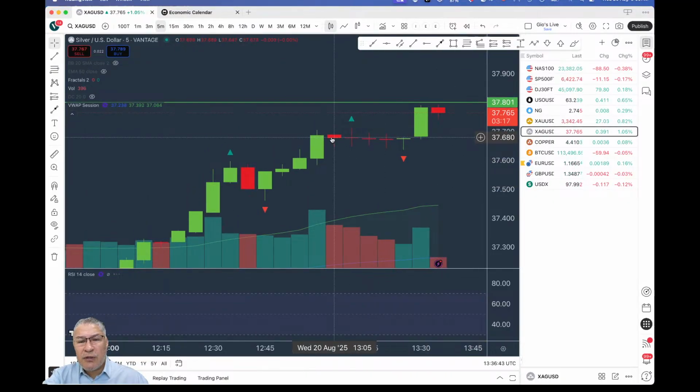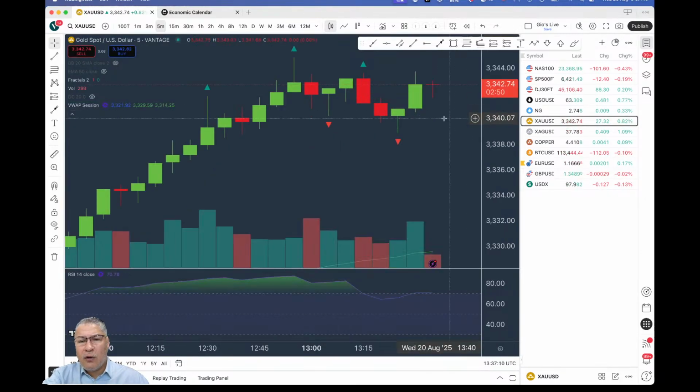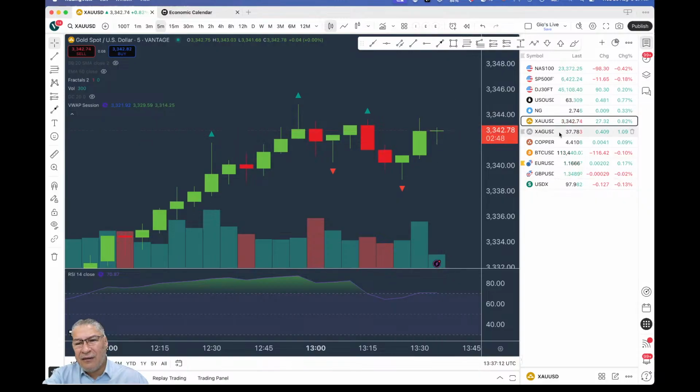Silver, right when it opened, popped to the upside. That's a good indication of momentum, even though we have seen some pullbacks. As far as we see the dollar index continues to drop, because this negative is incrementing, then we could contemplate that silver and gold are going to have a bid to the upside, and gold is basically right there.